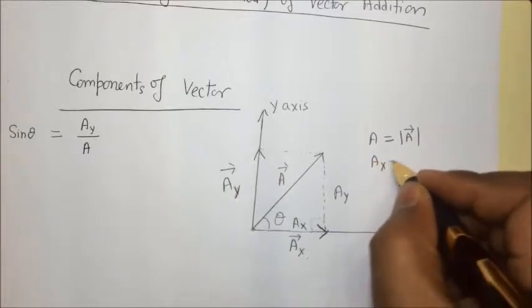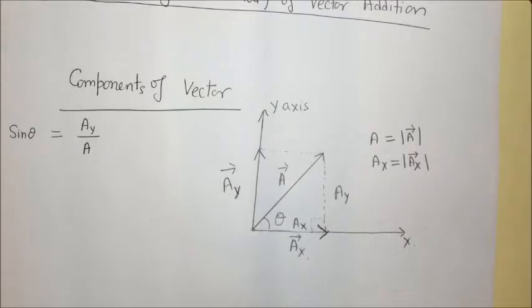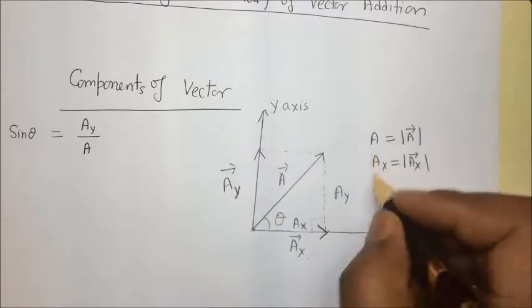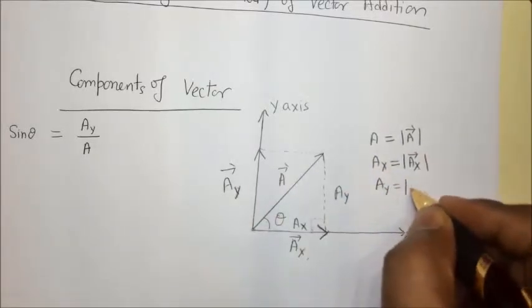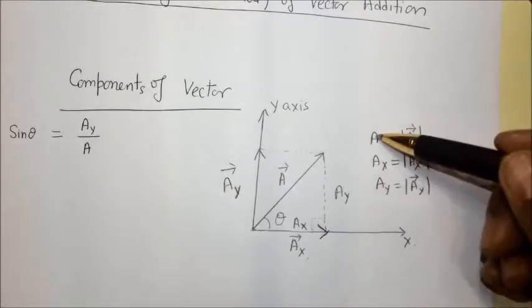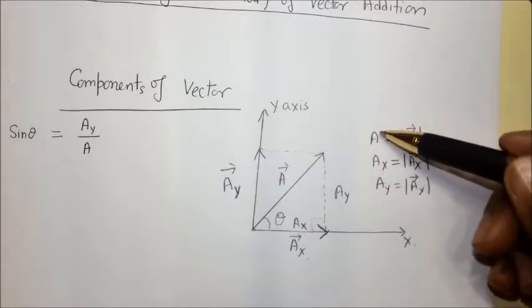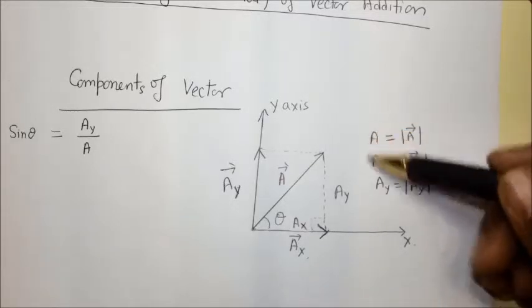Here A is the magnitude of vector A, Ax is the magnitude of vector Ax, and Ay is the magnitude of vector Ay. When I say magnitude, magnitude means the number, how big it is.